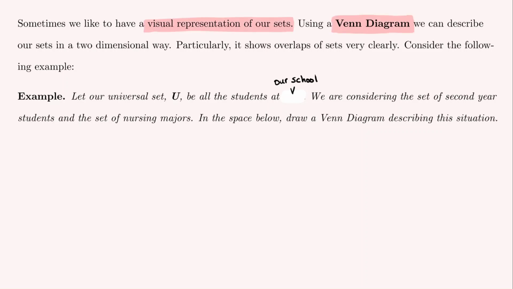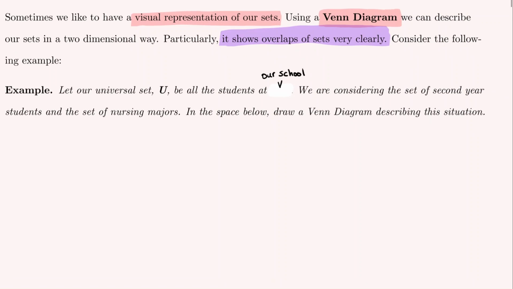What a Venn diagram does is it clearly indicates what is the universal set, and then within that universal set, which holds all possible elements of the set, if there are any subsets, it indicates where those subsets are and if they have any overlap between them. One benefit to Venn diagrams is it will clearly show overlaps of our subsets at a glance. So let's look at our first example that includes a Venn diagram.